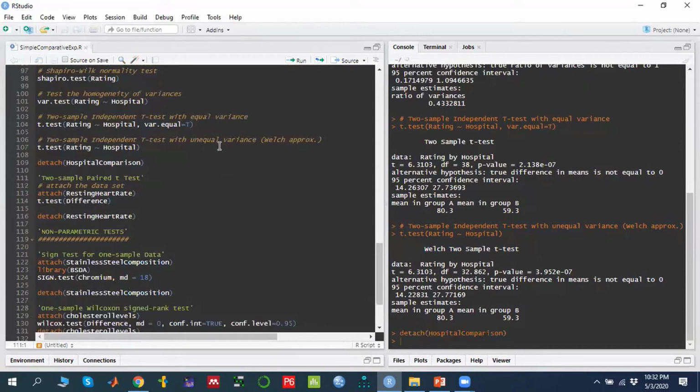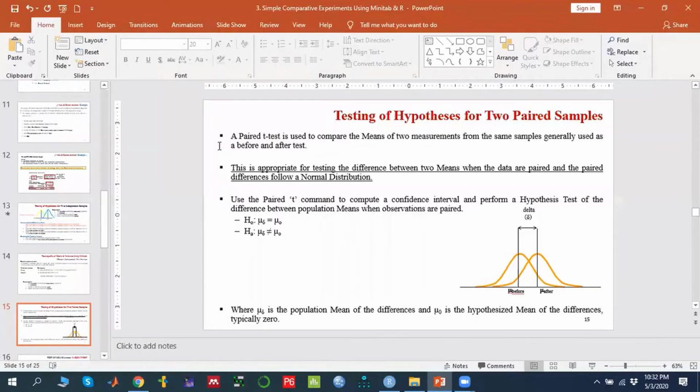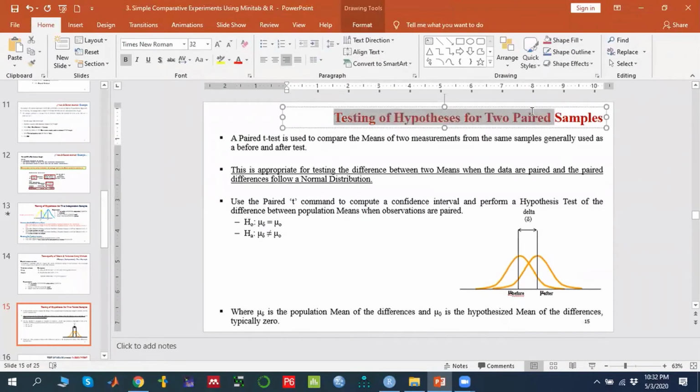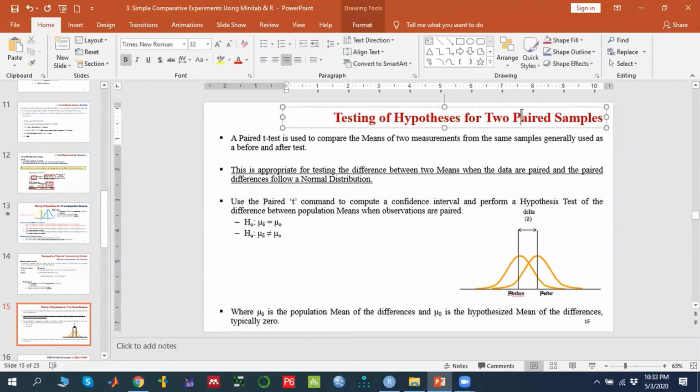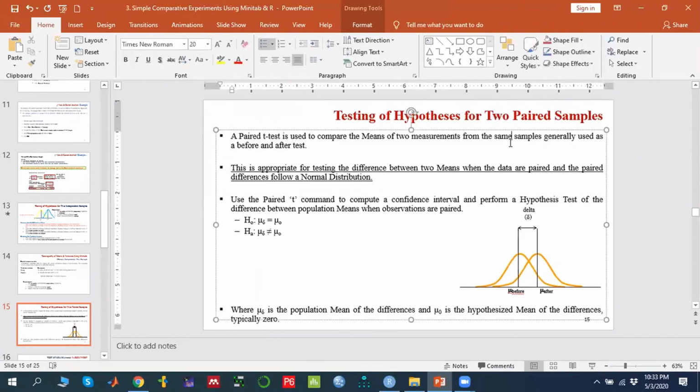Okay, so the next test we are going to apply is called testing of hypothesis for two paired samples. This is also known as the paired t-test, used when the two groups are dependent. Like we take a sample before something, and then from the same group we again take the data, such as before and after.